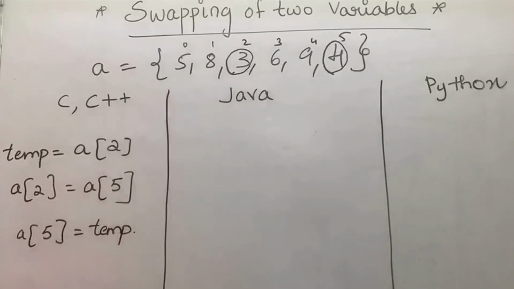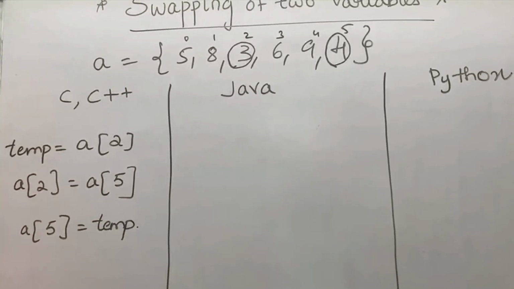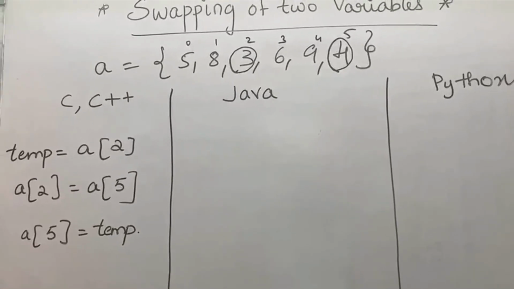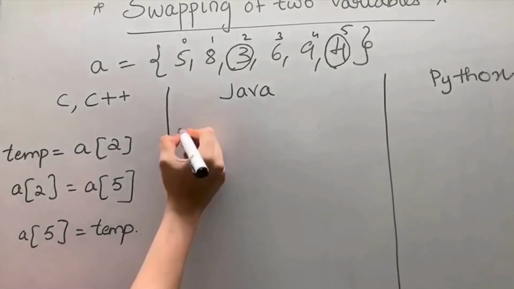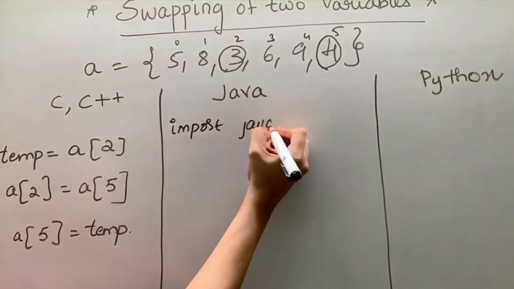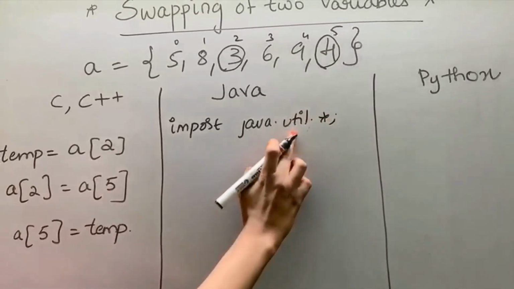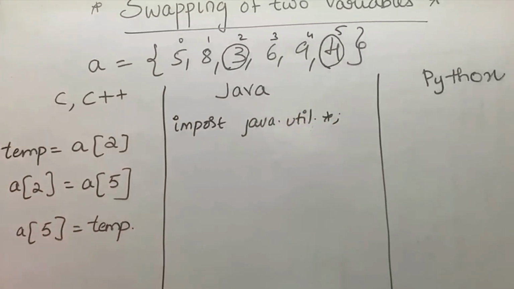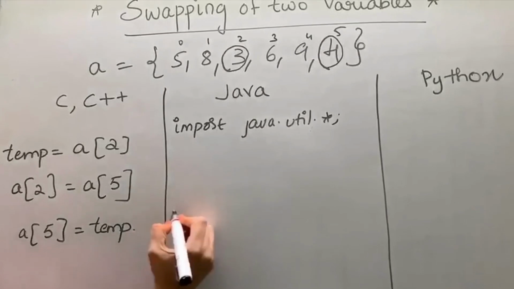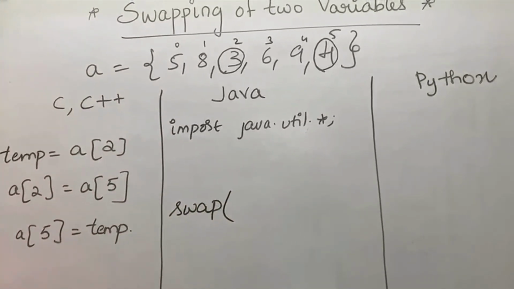Whereas coming to Java, there is an inbuilt predefined function called swap. In order to use that swap, we should import java.util.star. In the util package, we have the Collections class, and in the Collections class we have this swap function. This swap function takes 3 parameters.